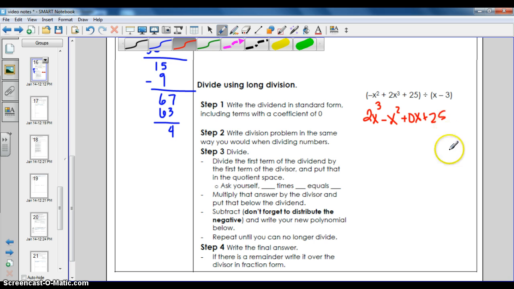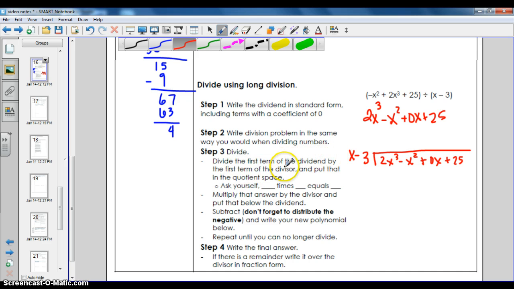So now we're going to write it as a division problem like we did here. So we're going to put an x minus 3 out front, and underneath, there we go. Our dividend goes under here, what we're dividing, plus 0x plus 25.